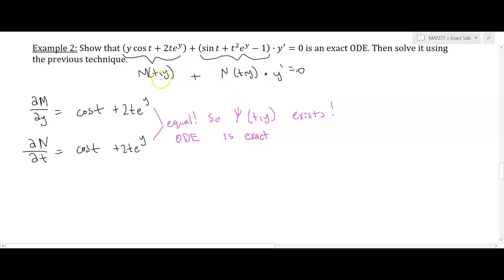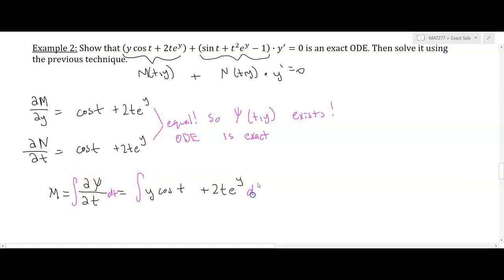So now we need to go through our process again. Now we know that M is already the derivative of some function psi with respect to t, and that function is y cosine of t plus 2t e to the y, then the integral of that with respect to t will give me psi.